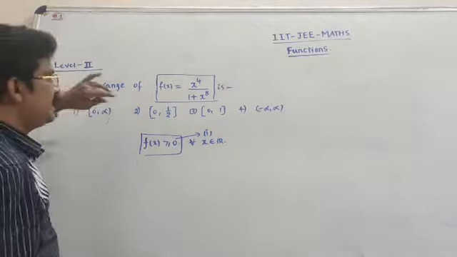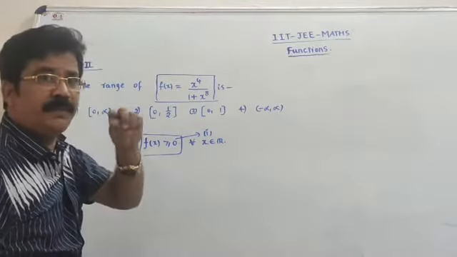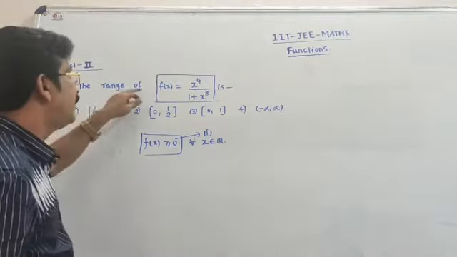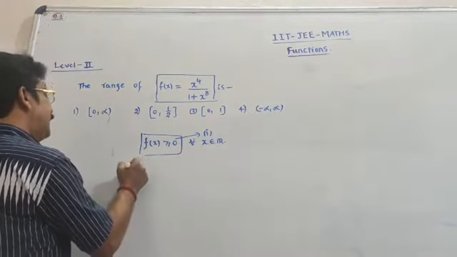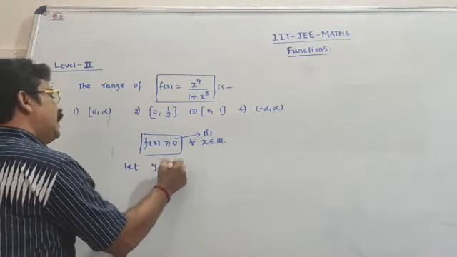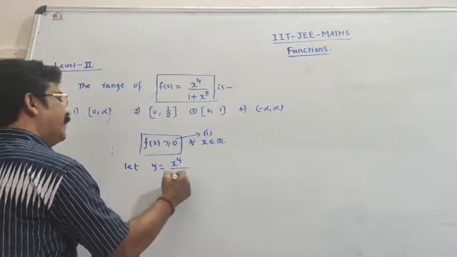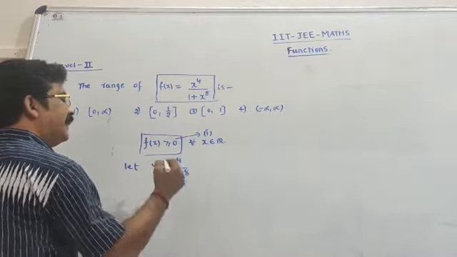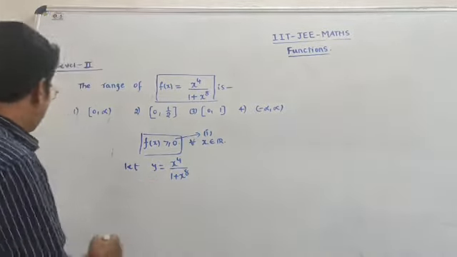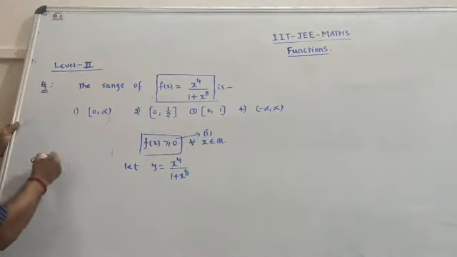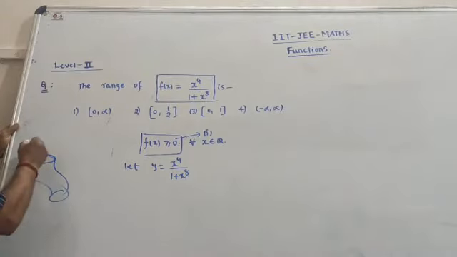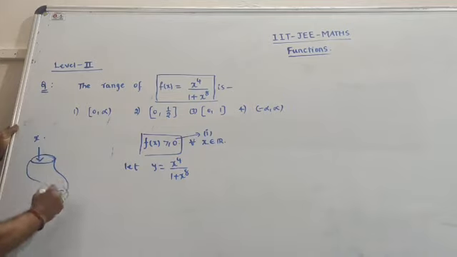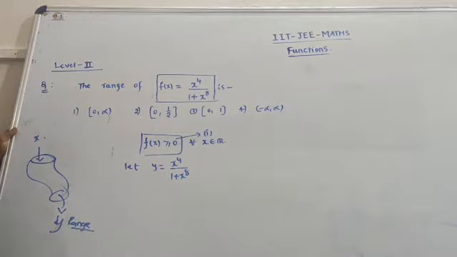And as usual, the old procedure is there to find the range of the given function. Let y equal to x to the power of 4 by 1 plus x to the power of 8. Y is the range; the values of y mean range, and the values of x are the domain.